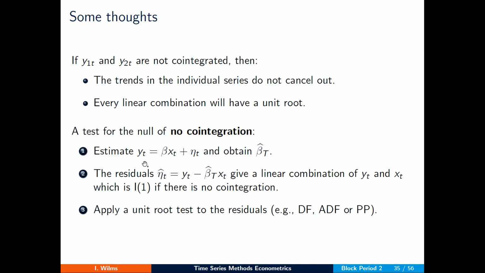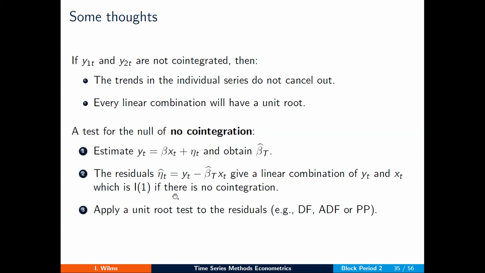We estimate here this regression for the series in levels, and we obtain our estimator beta hat just with least squares. Now, the residuals of this regression are nothing more than a linear combination of our two original series.